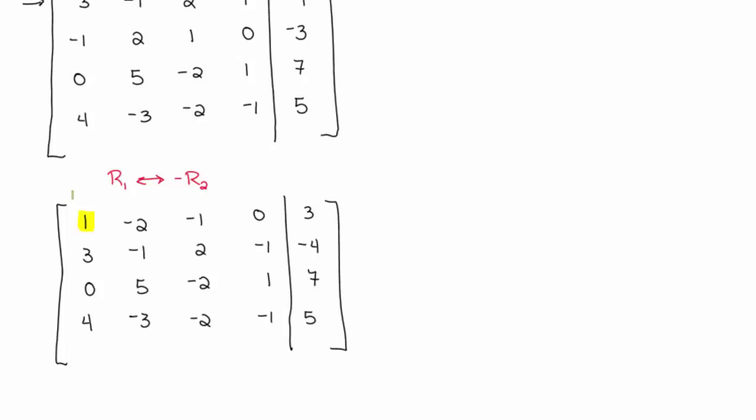If I want to kill off that 4 at the bottom column, so let me highlight them as I talk about them. If I want to kill off this 3, I will use a negative 3 times row 1 and add it to row 2. If I want to kill off this 4, I'll use a negative 4 times row 1 and add it to row 4. So that is why forcing that to be a 1 first is really nice.